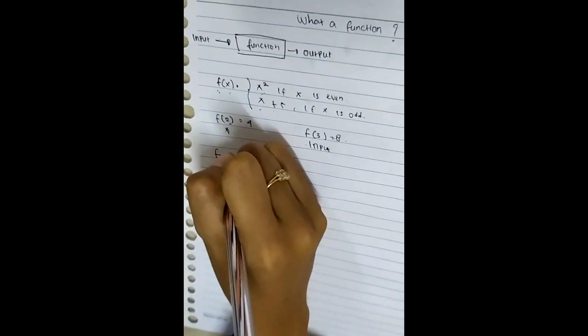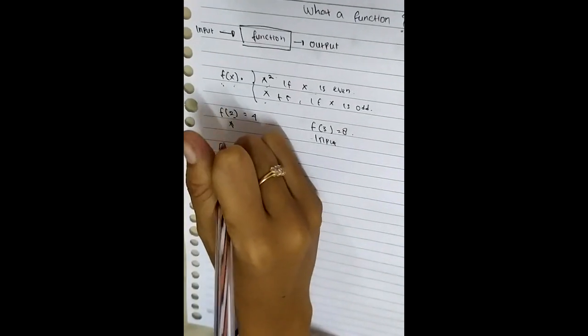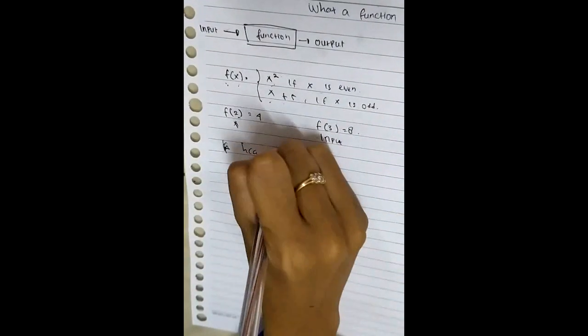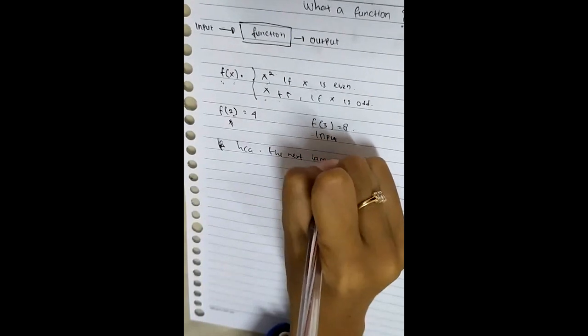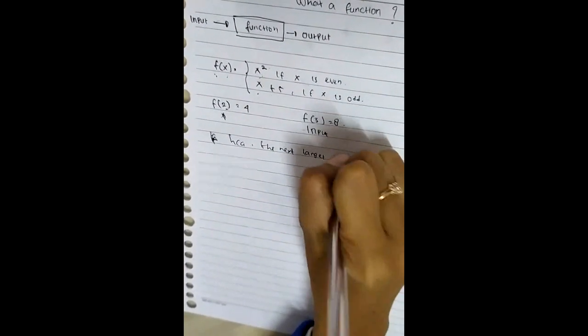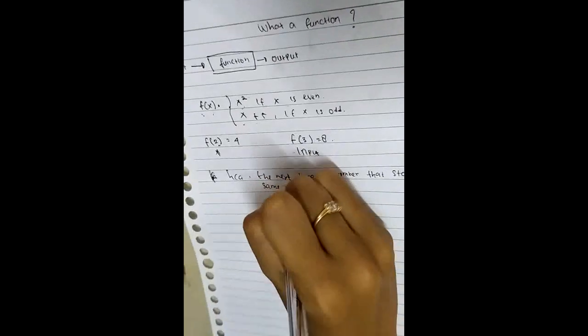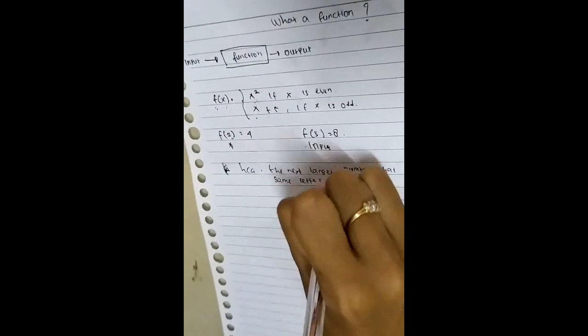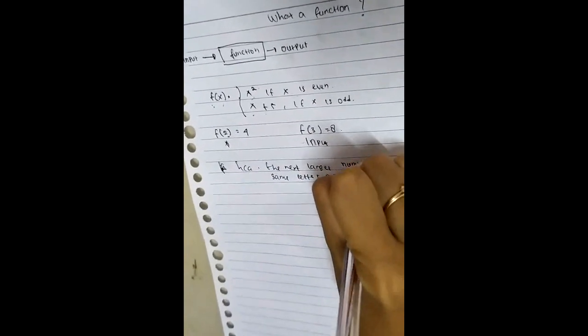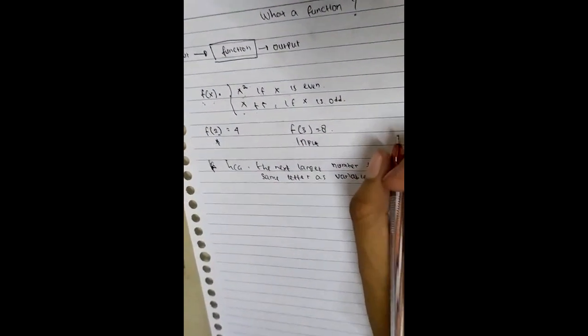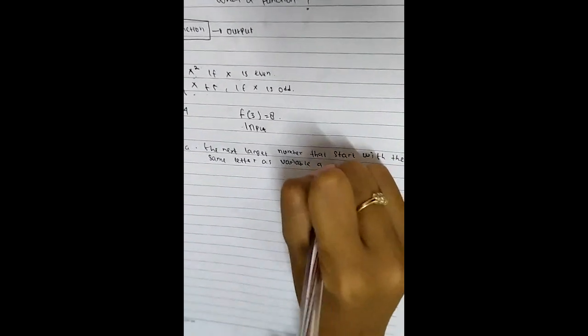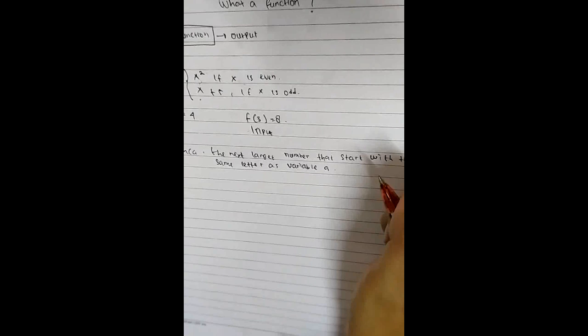I could define h as: the next largest number that starts with the same letter as the variable, and we are going to assume the language we are dealing with is English.